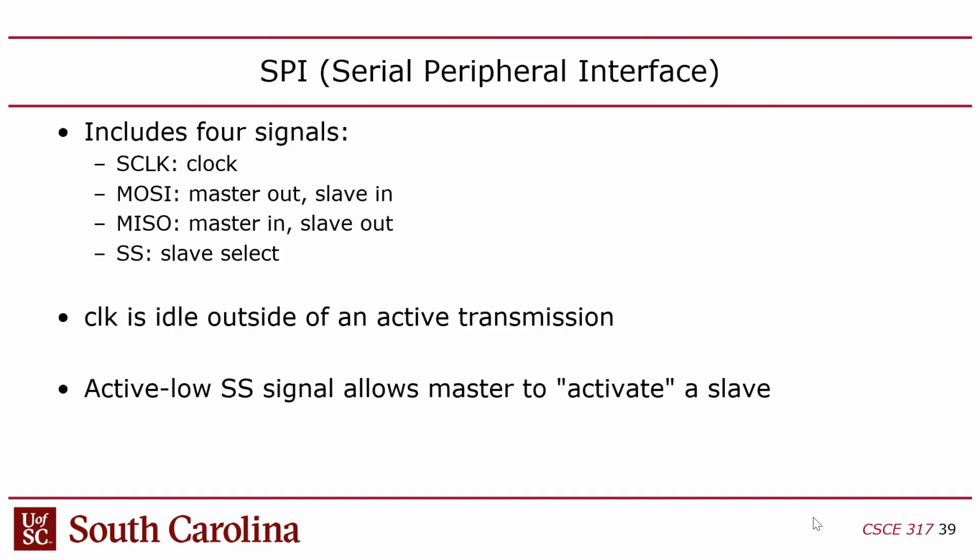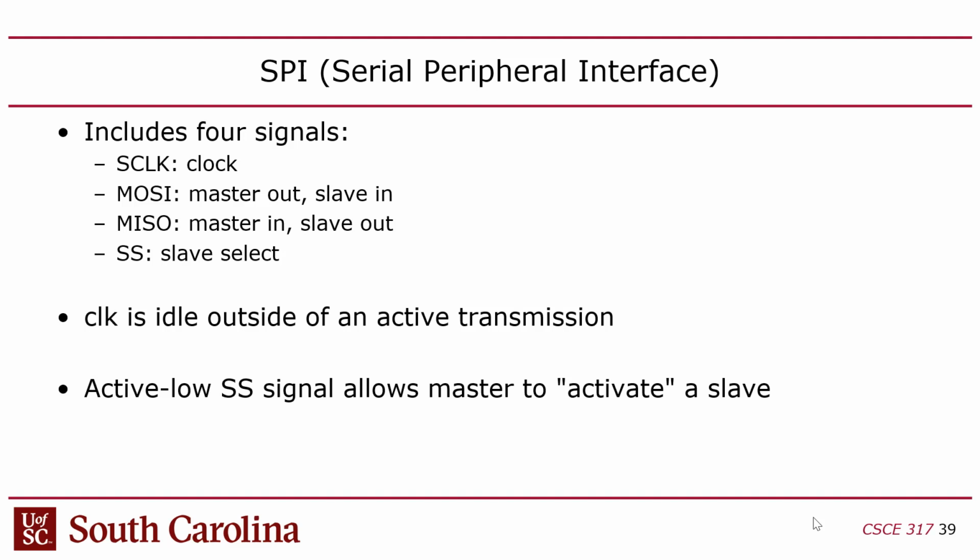So basically the way it works is that when the master wants to do a transaction, it asserts the slave select, and the slave select is active low. The slave select is normally high when the channel is idle, and when the master wants to make a transaction, it drives the slave select low, to a 0 value, ground, low voltage.